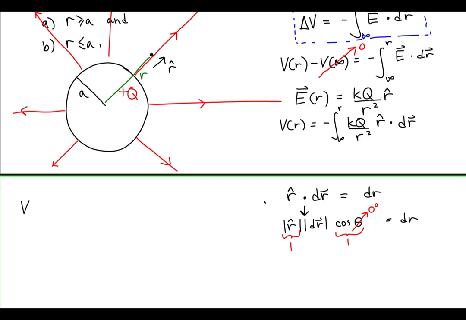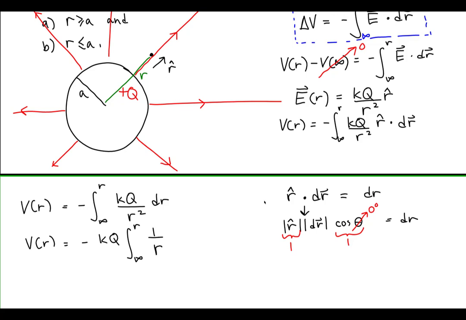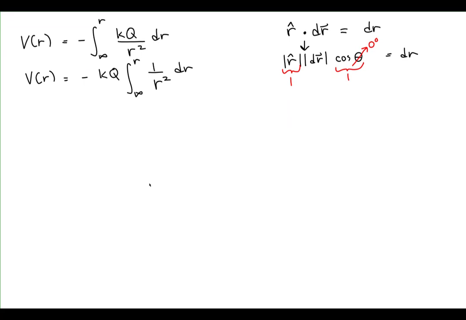This means that we could write that the electric potential at point r is equal to minus the integral from infinity to r of kq over r squared dr. Well, k and q are constants, and this leaves us with the integral from infinity to r of 1 over r squared dr. This ends up being minus kq times minus 1 over r evaluated from infinity to r.